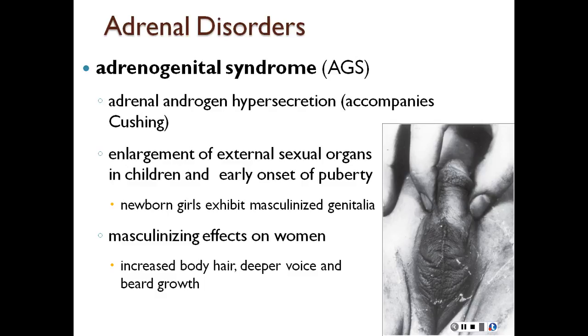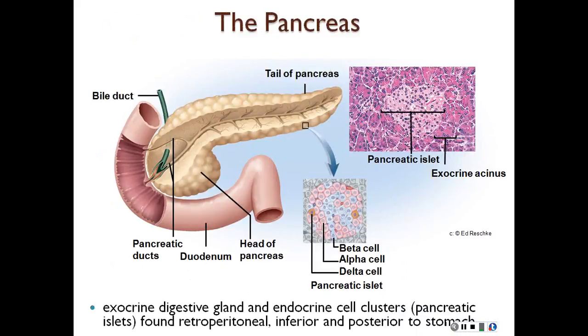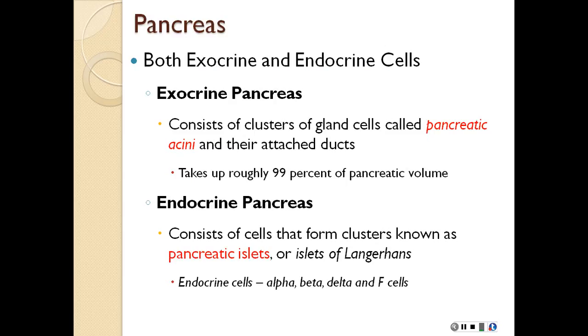And if it's an adult woman and she starts producing too much androgen, she will have increased body hair, facial hair for example, a deeper voice and beard growth. So that's what overproduction of these androgens will do. And that's called adrenogenital syndrome. So I wanted to share that with you all.